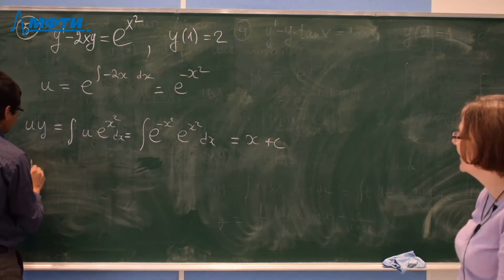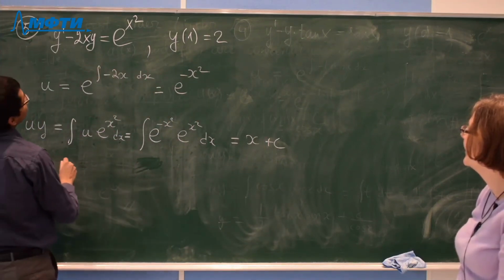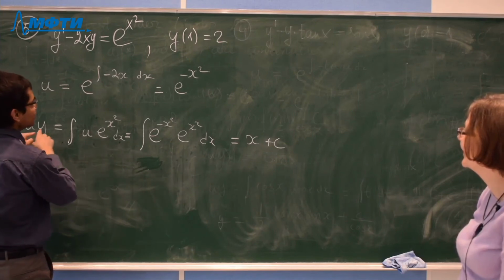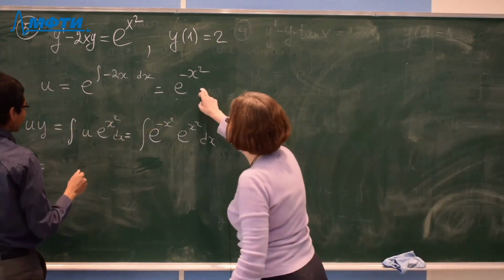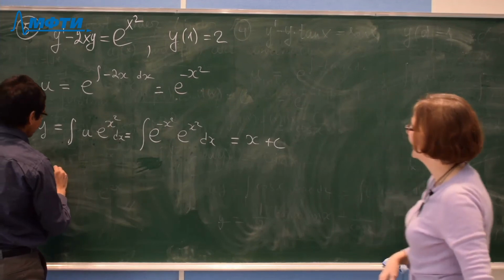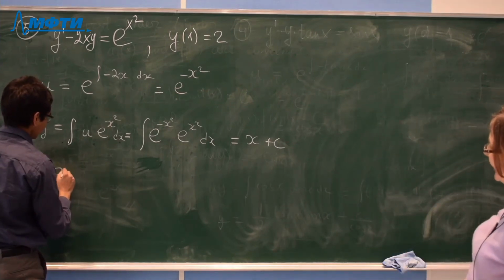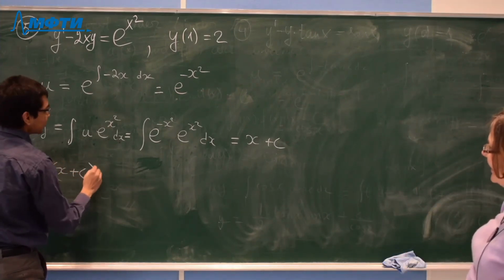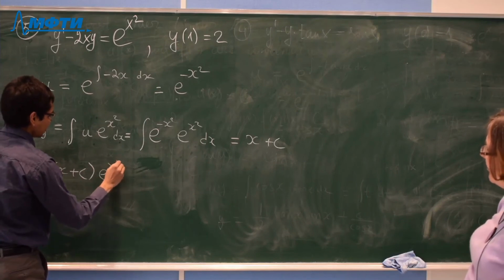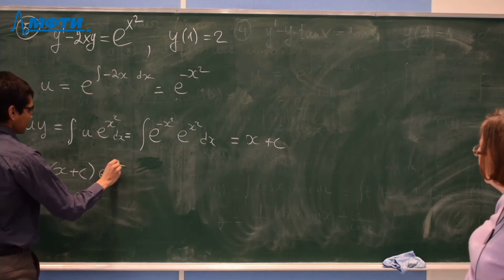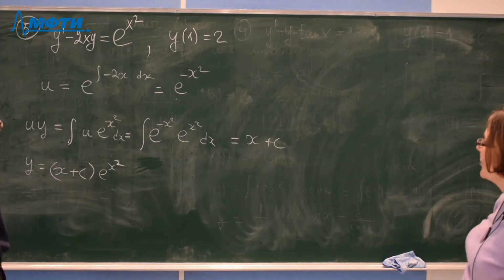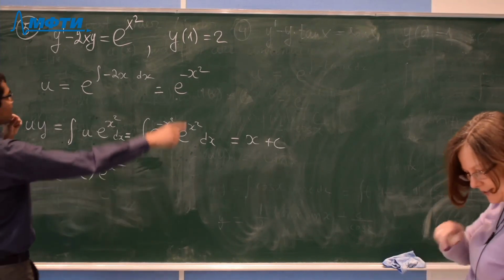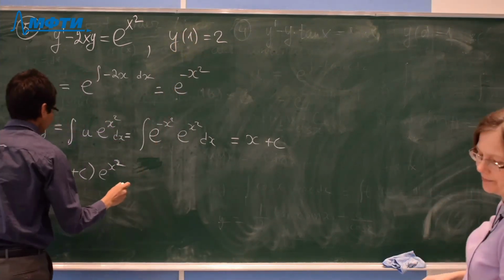Right. Now, where is u? u is here. x plus c, right? The power minus. Right. So it's correct, and c. And now the initial value problem.